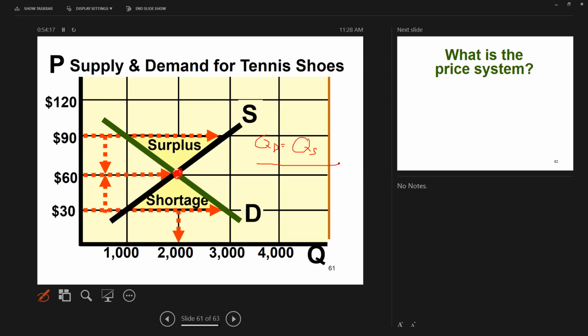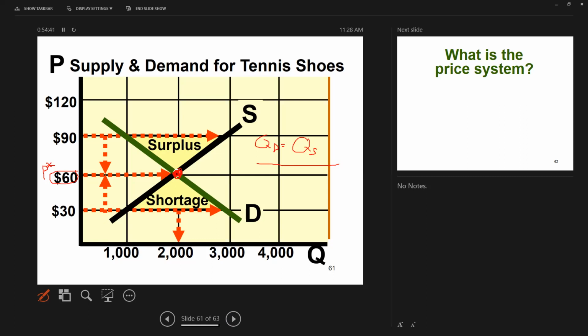And equilibrium is a beautiful thing because at that equilibrium price, and only at that equilibrium price, we call it P star, and here P star happens to be $60. At that equilibrium price, everyone who wants to buy this good, who's willing and able to purchase the good at a price of $60, there's someone to sell it to them.